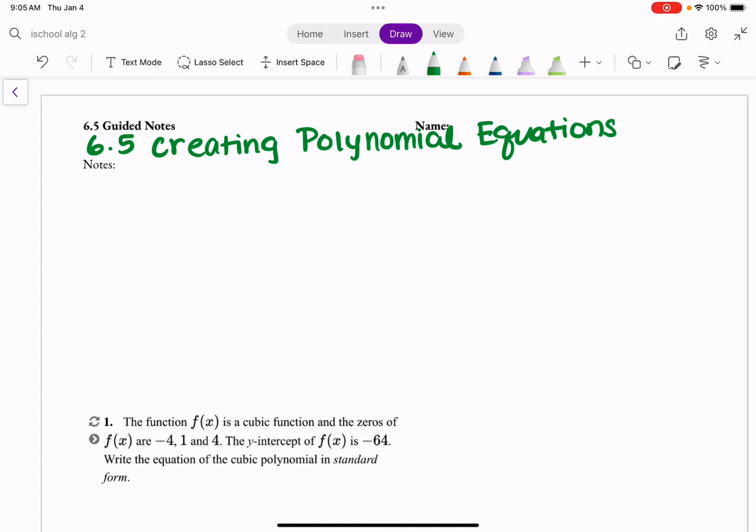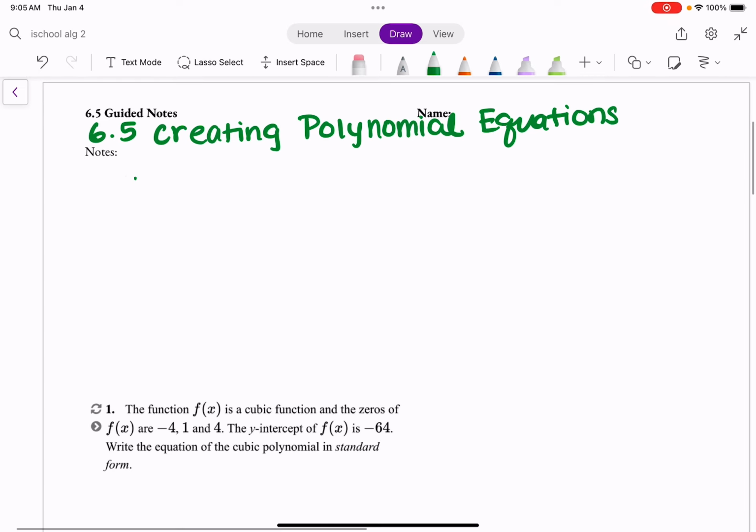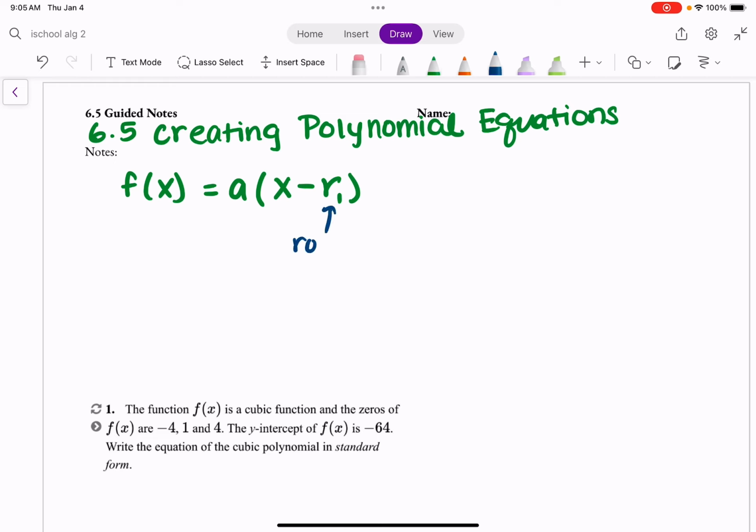So yesterday, or a few lessons ago, we learned about the factored form, right? And we learned that the factored form generally follows this pattern. So we have f of x equals a parentheses x minus r1, and remember these are the roots. This is what you get when you solve. x minus r2, x minus r3, and it can keep going depending on how many roots you have, right?